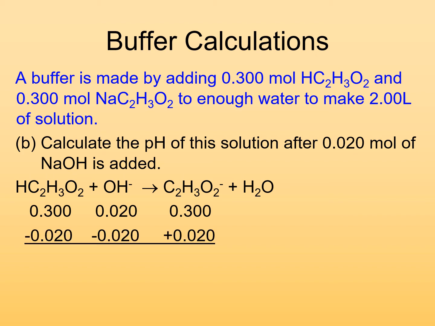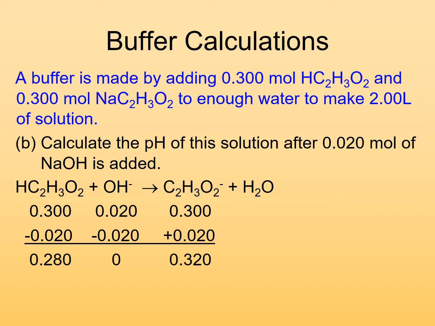And we're trying to get rid of all of that base, so that entire 0.02. So that will leave us with equilibrium values of our acetic acid is going to be 0.280 moles, and our acetate ion will be at 0.320 moles after this has absorbed all of the base.